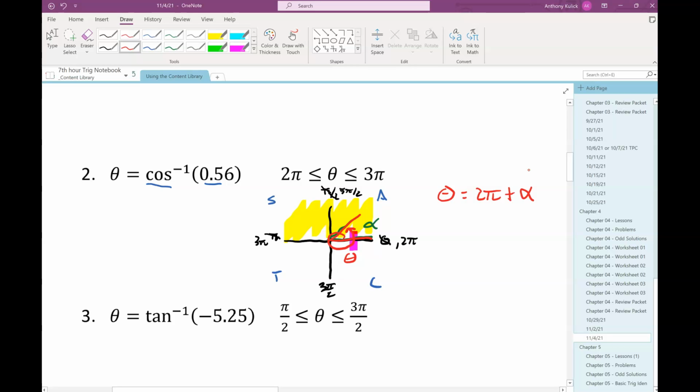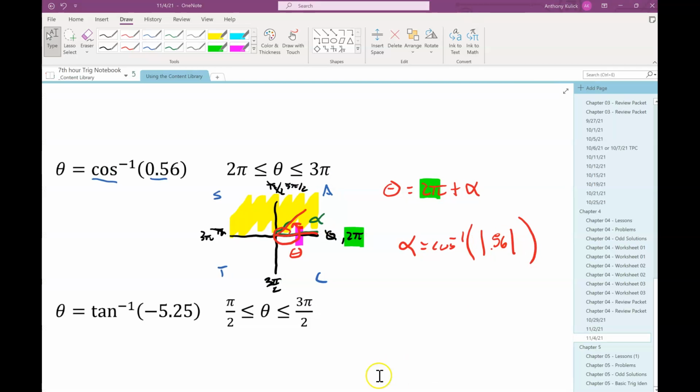It's 2 pi because the part of the x-axis that forms my alpha is whatever I'm adding or subtracting from. And the alpha that I'm using is just cosine inverse of the absolute value of 0.56.